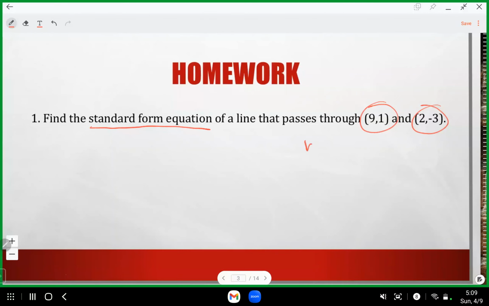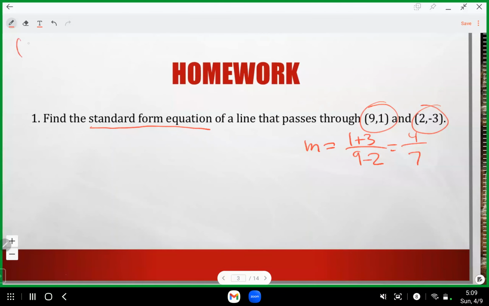So the slope is going to be equal to 1 plus 3 over 9 minus 2, equal to 4 over 7. Right, because it will just be the difference in y over the difference in x. And then we can go to the point slope form now.